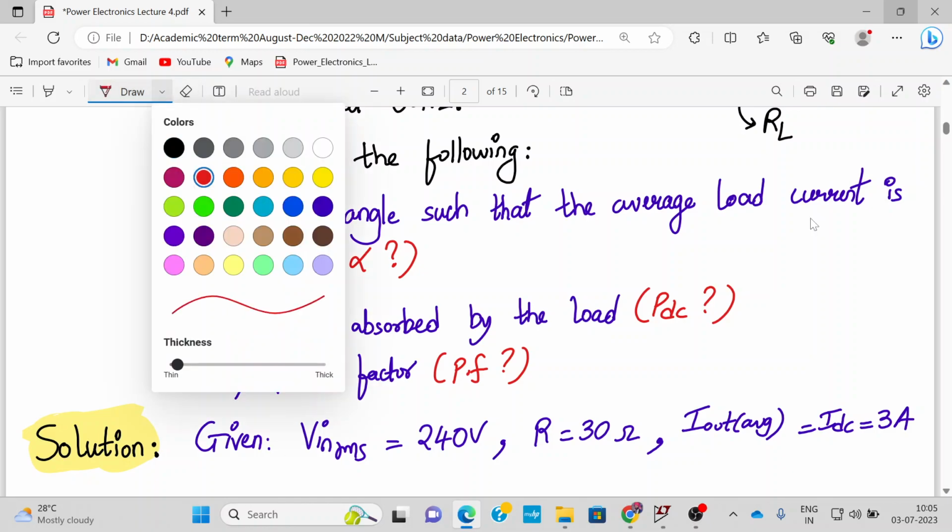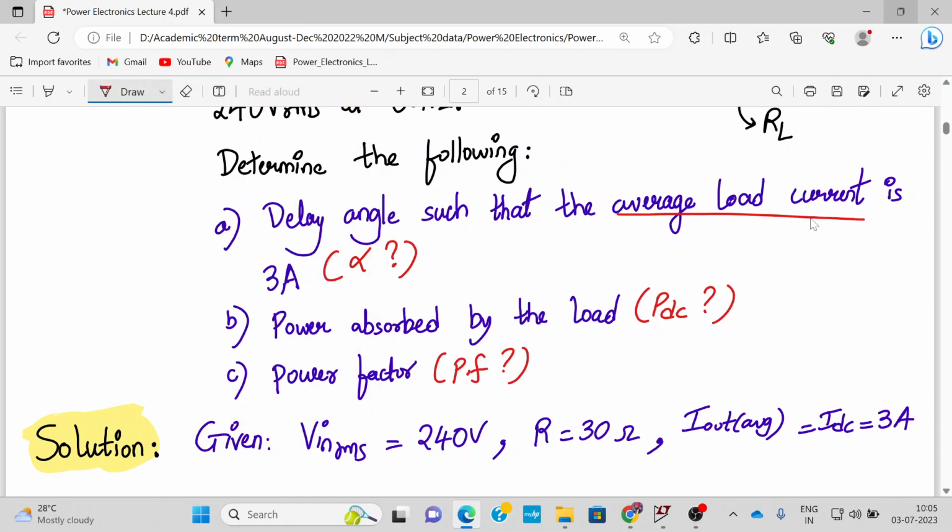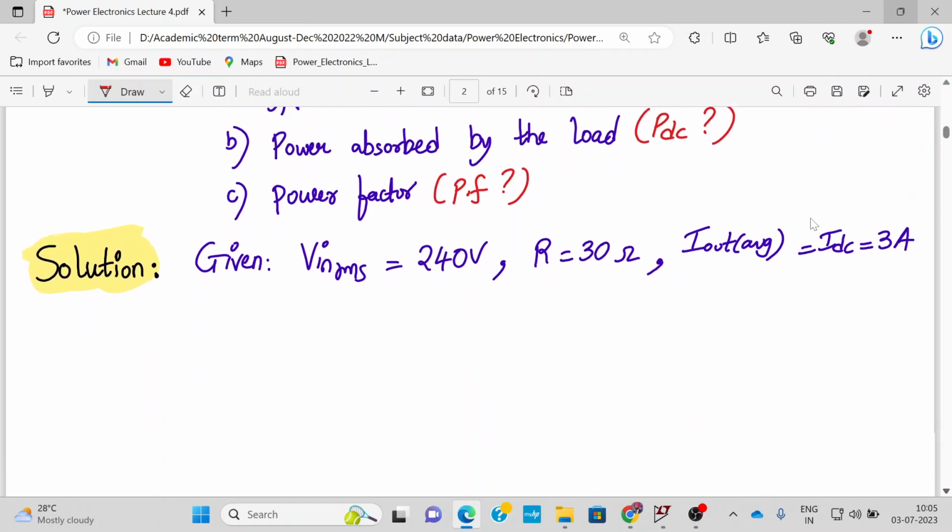The average load current is I out average, given as 3 amperes, and we have to find the value of alpha. Then we have to find the power absorbed by the load, that is PDC or P out, and then the power factor.